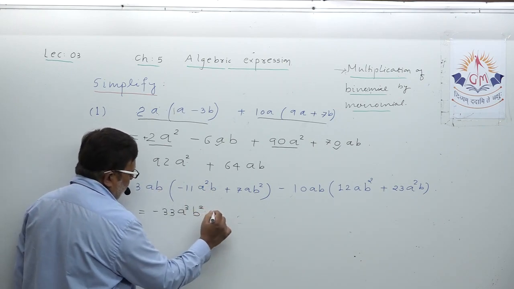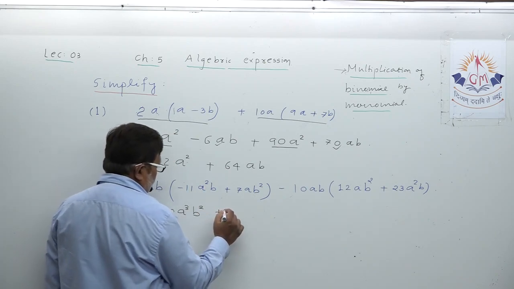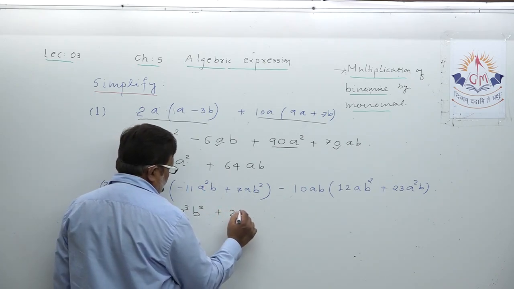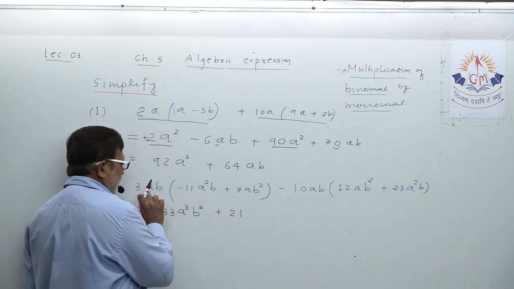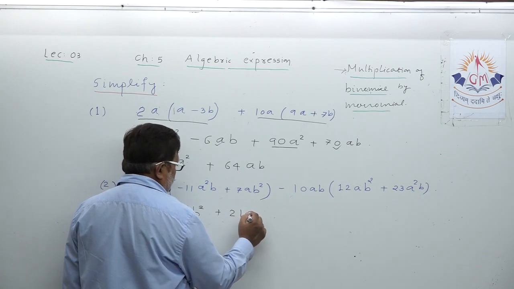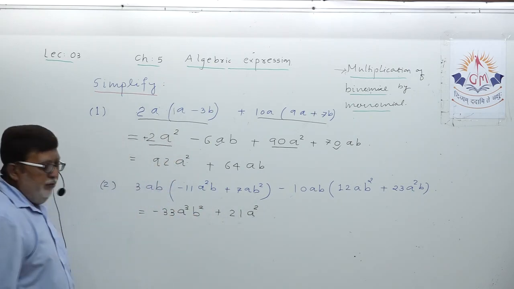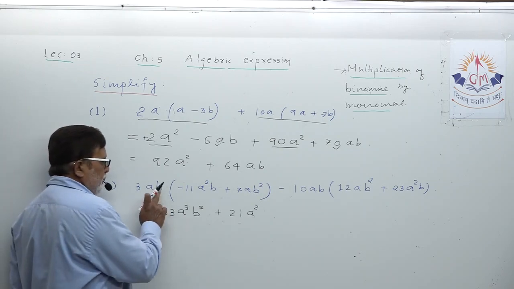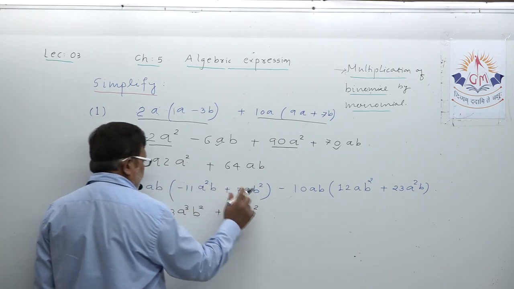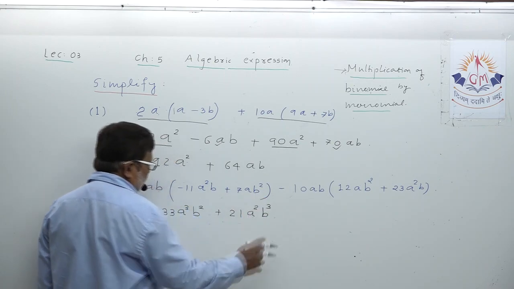Plus plus plus, 3 times 7, 21. A into a, that is a raised to 2. Can you understand it? B into b square, that is b raised to 3.